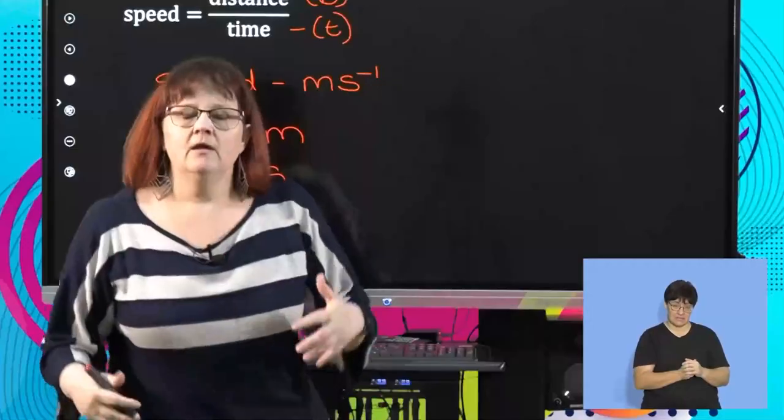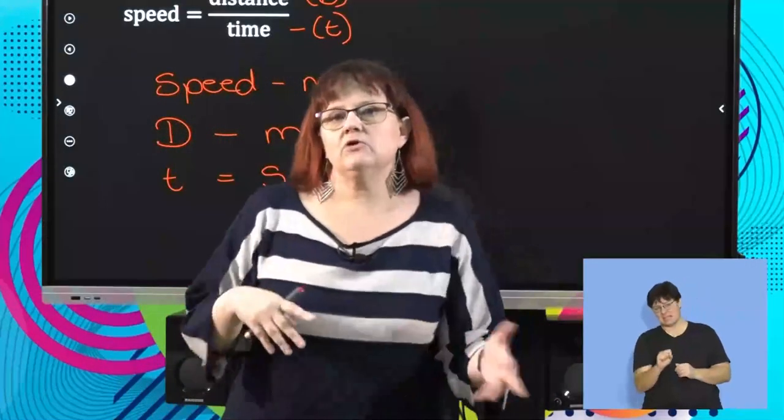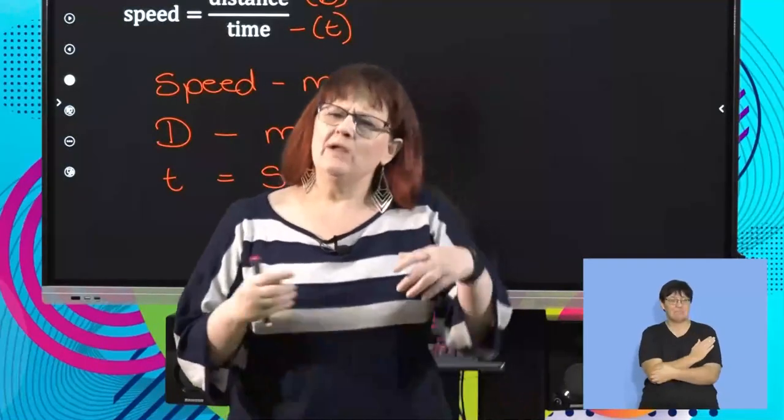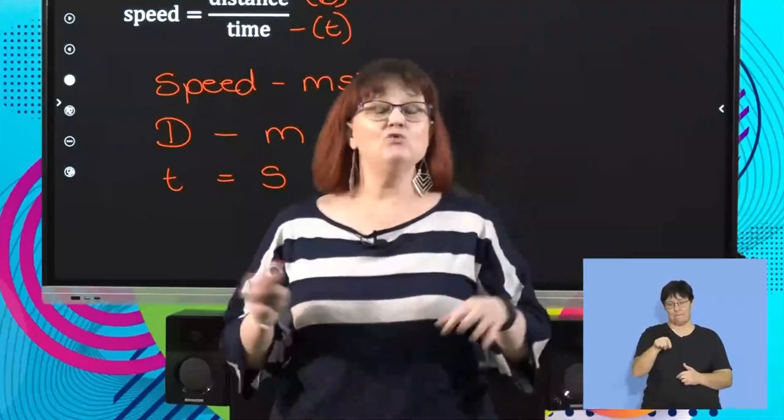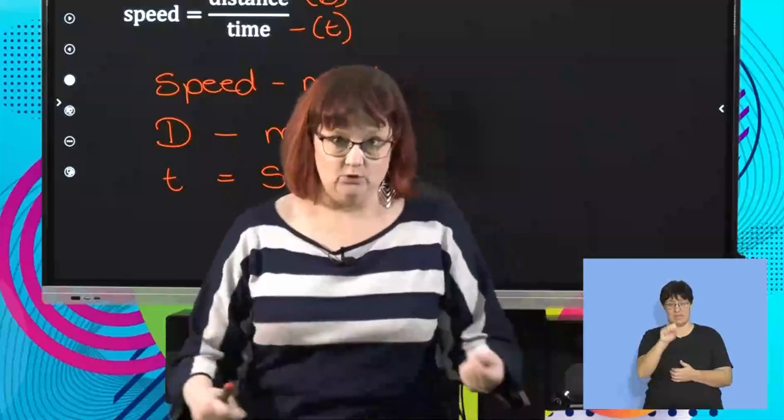However, even though meters and seconds are our SI units, sometimes we will measure them in kilometers and hours because it makes sense to do that if we're looking at a car that's moving. Read the question as to whether they want it in meters per second or kilometers per hour. If you're not sure, meters per second. Those are the SI units, okay.